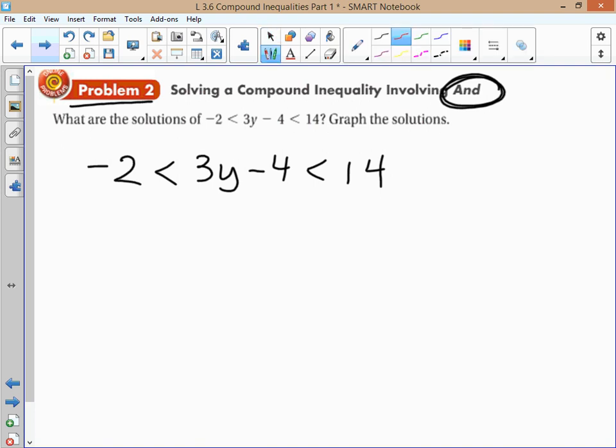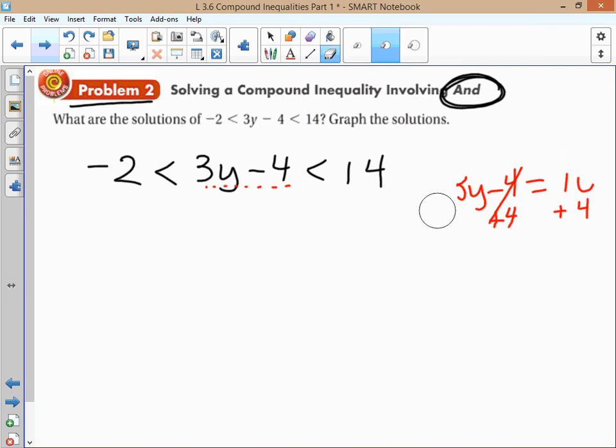So if you look in the middle where the variable is, it says 3y minus 4. If I gave you an equation that said 3y minus 4 equals 10, your first step would be add 4 to get rid of the minus 4. And what you do on one side of an equation, you do on the other side. Well, a compound inequality is very similar.